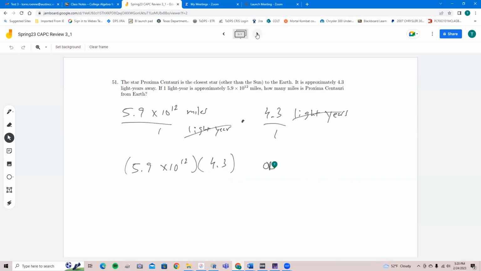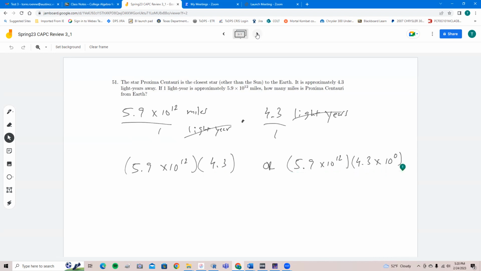I could also convert this to scientific notation. If I prefer to think of it this way, 5.9 times 10 to the 12th times 4.3 times 10 to the 0, because 10 to the 0 is 1, and multiplying by 1 won't change it. I need it to still be equivalent to 4.3. And then I can move these parts around for the same reason. This is all multiplication.